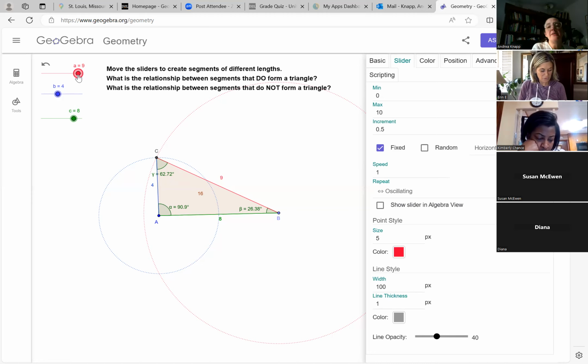Does that make congruent triangles? Wait, so the question says, does the given information determine a unique triangle? So what makes it unique?